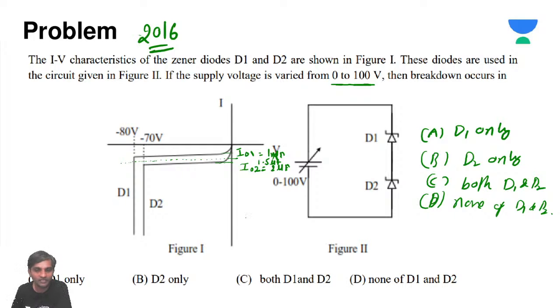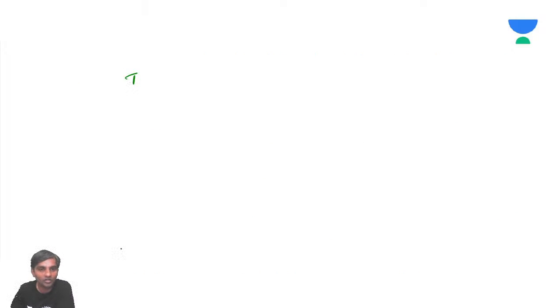Understand what I'm saying is, assume that I01 is going to be 1 milliamp, and I02 is going to be 2 milliamps.